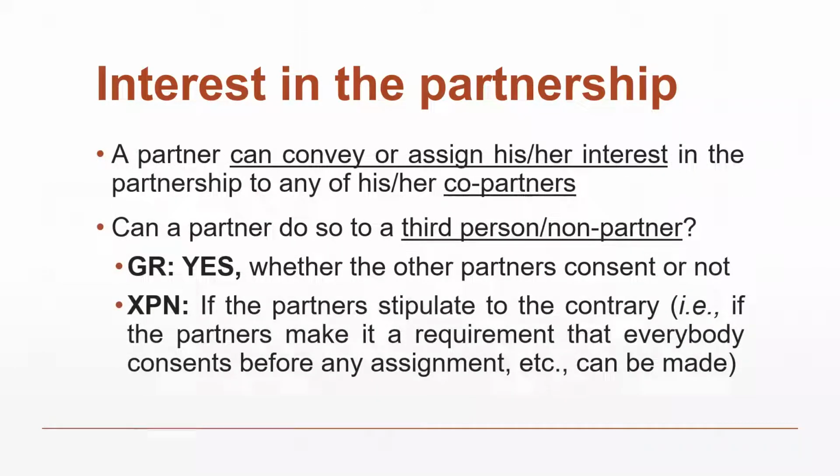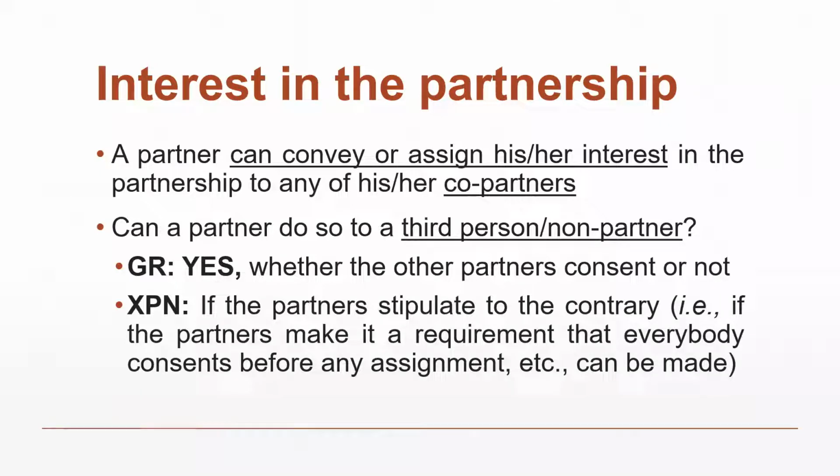Now, a partner, like what we said earlier, a partner can of course convey or assign his or her interest in the partnership. A partner can do so to any of his or her co-partners without the need to secure the consent of everybody in the partnership. Kasi hindi naman lumalabas dun sa partnership, dun lang sa loob. However, can a partner do so to a third person or a non-partner?